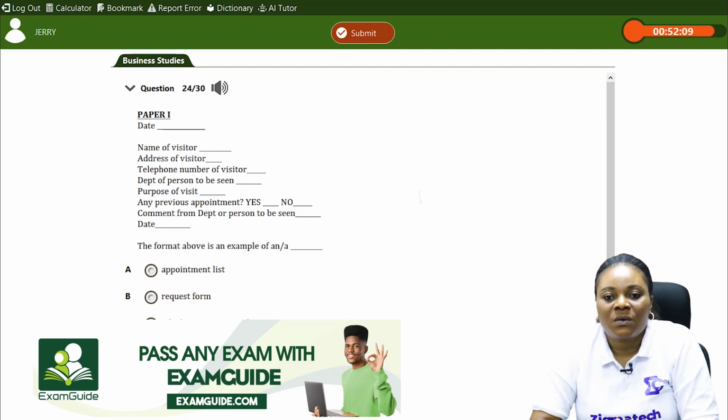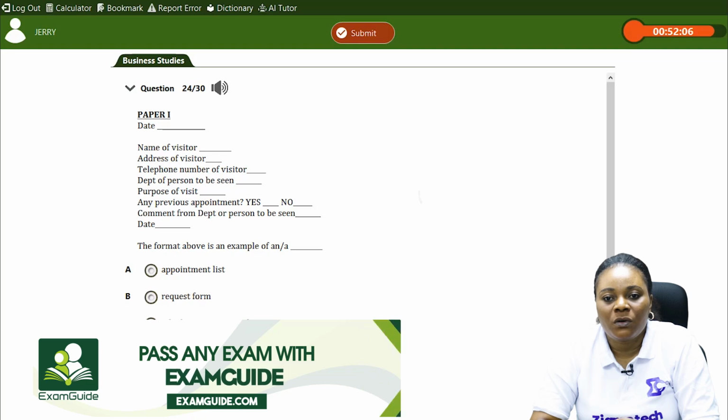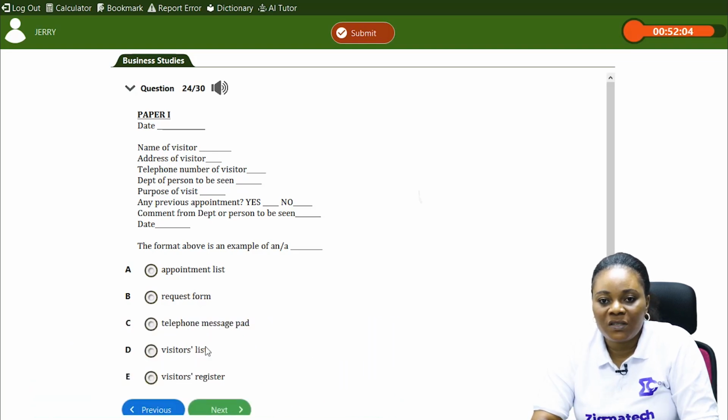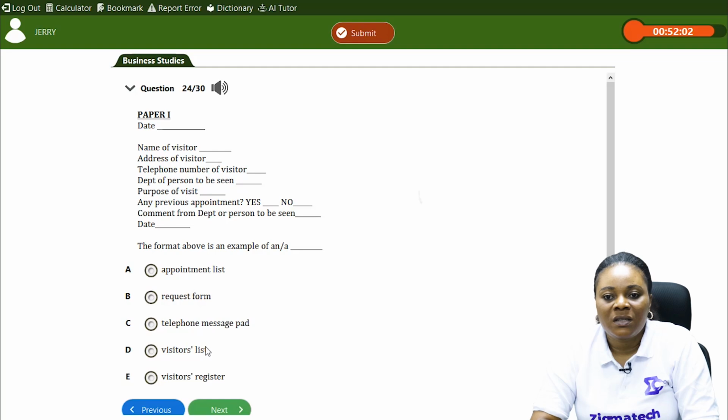We take one more question. The question says we have the column for date, the name of visitor, the address of visitor, the telephone number of visitor, the department of person to be seen, the purpose of visit, any previous appointment, comments from department or person to be seen, and the date. And the question says, the format above is an example of what?